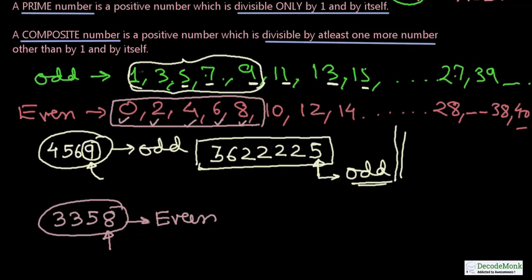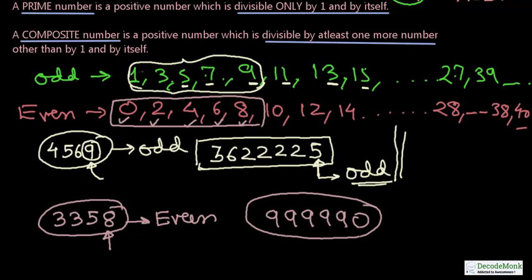You need not divide the whole number by 2 and check whether the remainder is 0 or not. For example, if I give you another number, 999990, and you are asked whether this is odd or even, the unit place digit is 0. If the unit place digit is 0, the whole number is an even number, irrespective of the other digits in that number. You just have to look at the unit place.